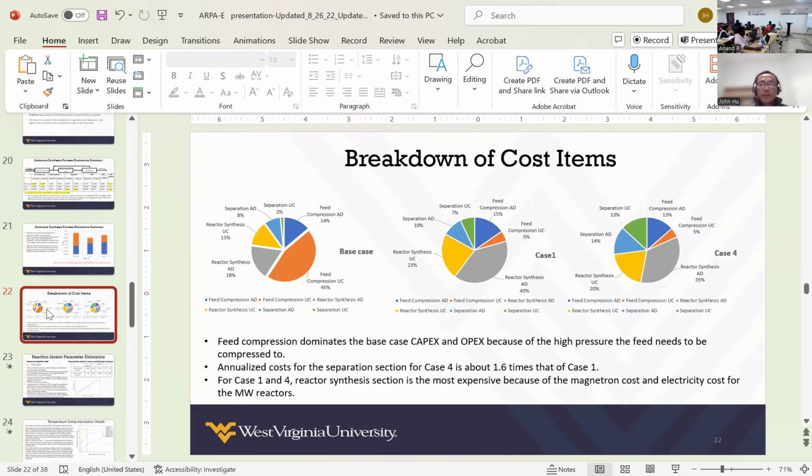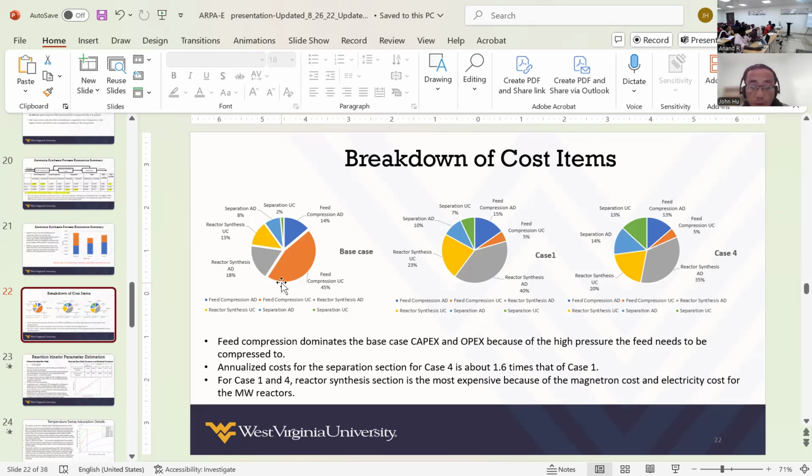Let's see, case 1, case 2, case 4, they are all microwave, low pressure operation. Let's see how case 1 compares with the base case. If you look at this orange color, it's called the feed compression, utility cost. It's 45% in Haber-Bosch. Why? Because you recycle, you have to recompress it and recirculate.